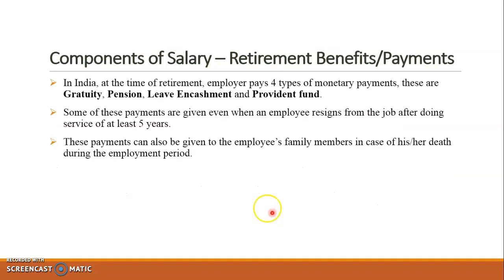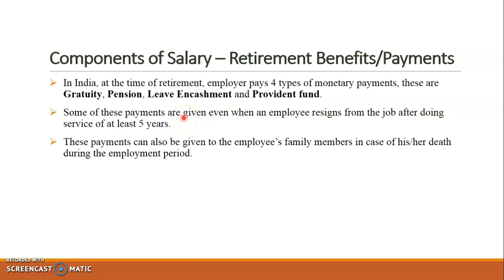This is the last main component, that is retirement benefits and payments. In India, at the time of retirement, there are 4 kinds of monetary payments which the employer has to make to the employee: gratuity, pension, leave encashment and provident fund. These all 4 we'll be discussing in much detail in the coming sessions.